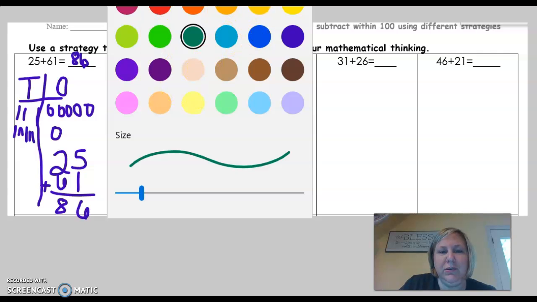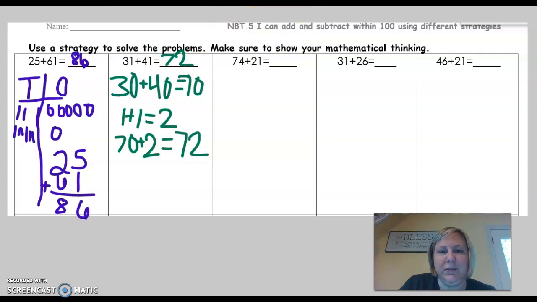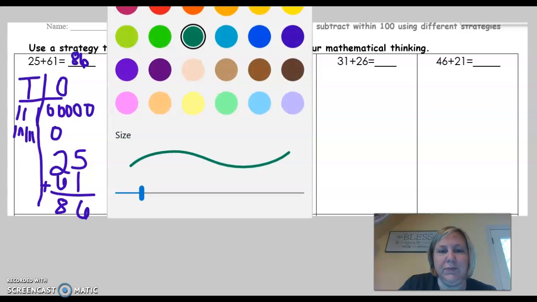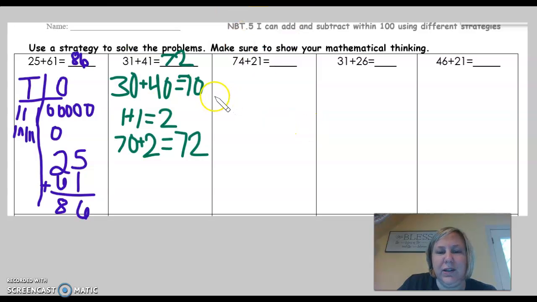Let me do gold. Whoops, it didn't change. Gold. So, if I have 74 on my number line, yeah, I don't really have a lot of room right here to show my mathematical thinking. So if you choose to do it on a number line, go ahead and do it on a piece of notebook paper, like I said, and submit it to Seesaw with your work.